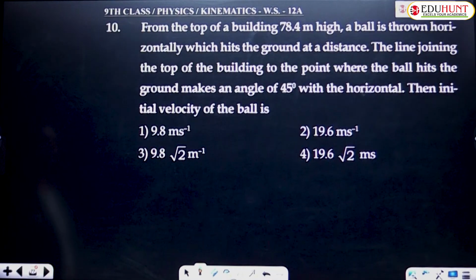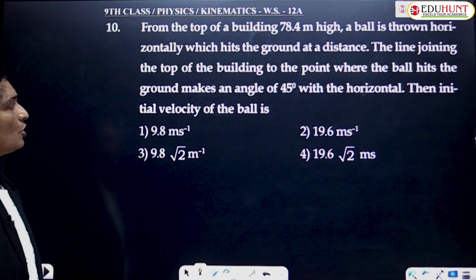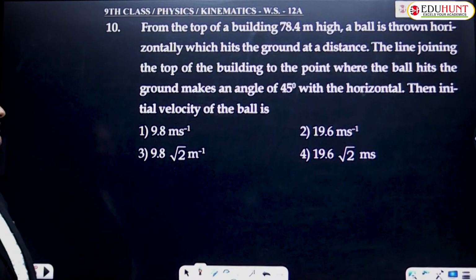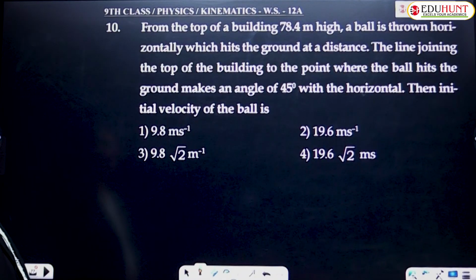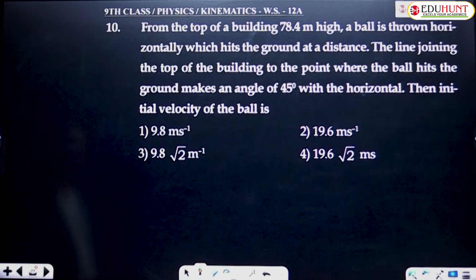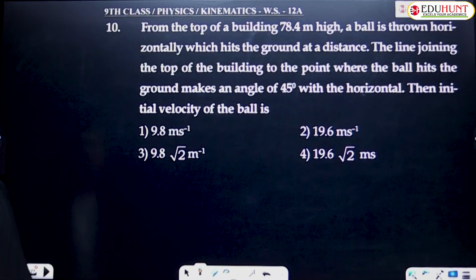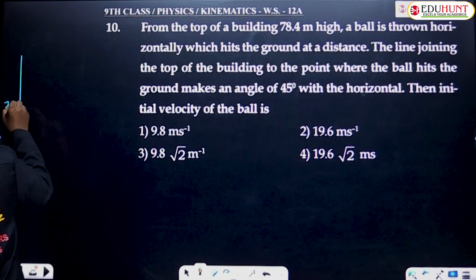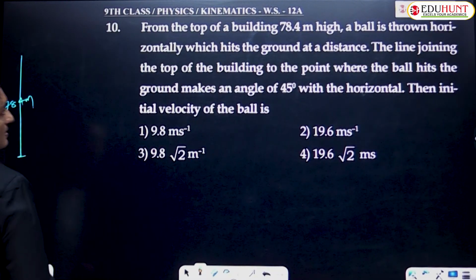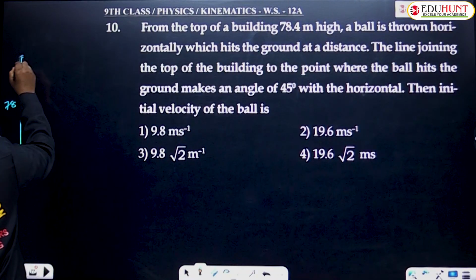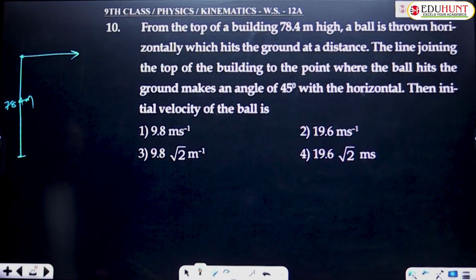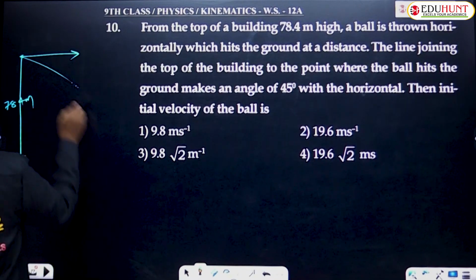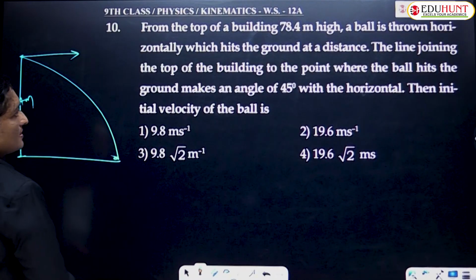The next question, question number 10. From the top of a building 78.4 meter high, the building height was given as 78.4 meters high, a ball is thrown horizontally which hits the ground at a distance.